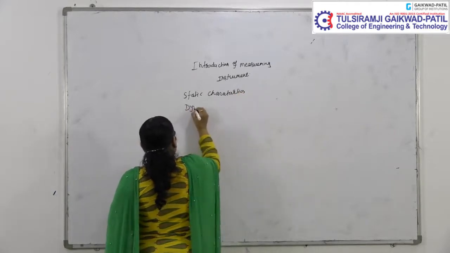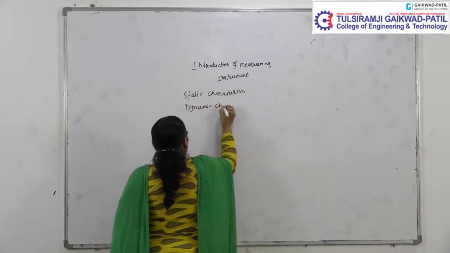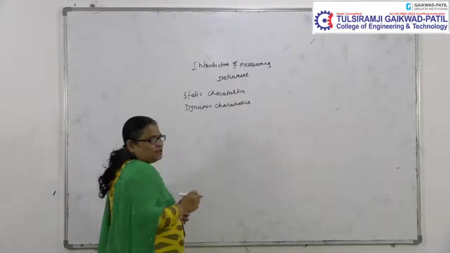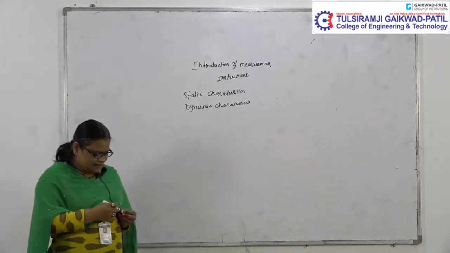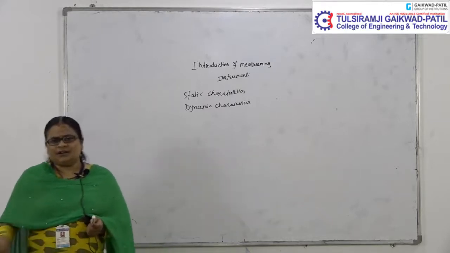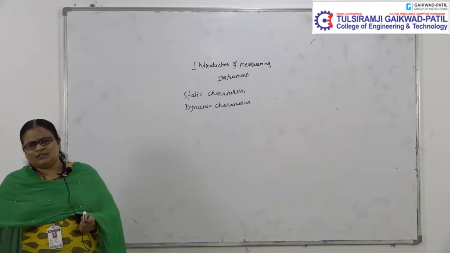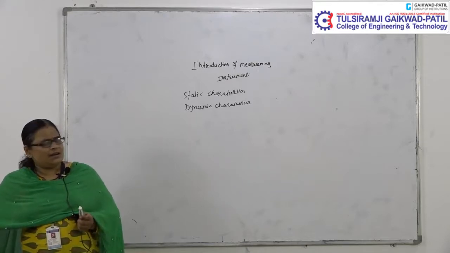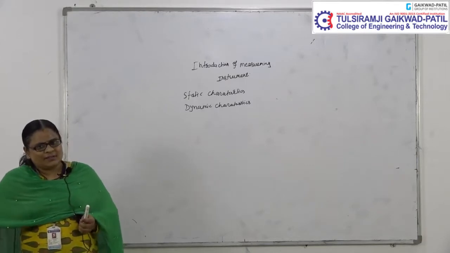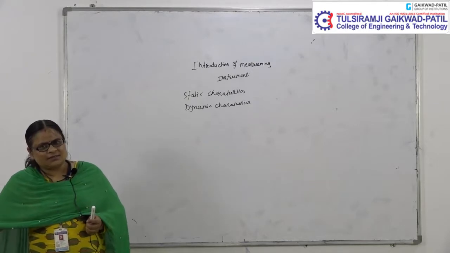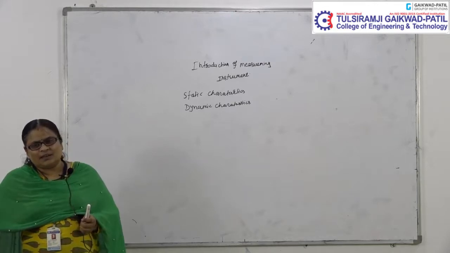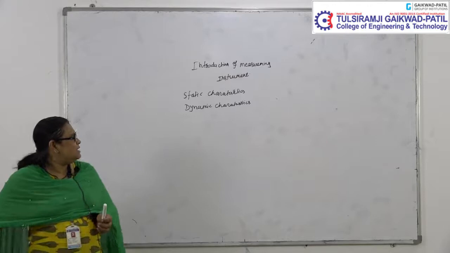The static characteristics contain 13 to 14 parameters, which include the various types of parameters or spans. The dynamic characteristics include the various parameters which give the dynamic readings of an instrument.